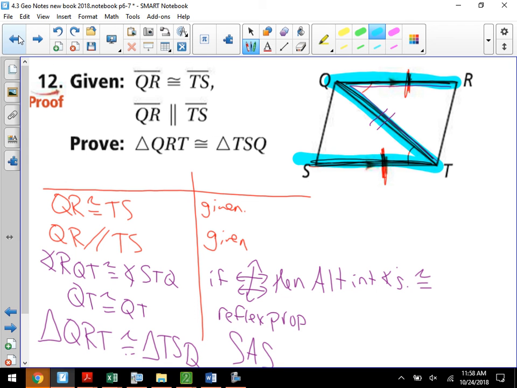After I say that QRT is congruent to TSQ, then I could say, angle S has to be congruent to angle R because they correspond to one another, and so on. So I'm going to ask you guys to prove that angle S is congruent to angle R. You have to work your way to the triangles first, run the rest of it, and then show the corresponding parts. It's just adding 2 steps to what you've been doing.